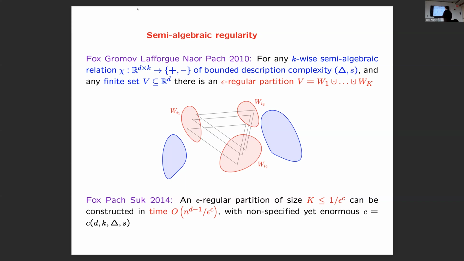What they have shown is that once you have a k-ary semi-algebraic relation of bounded description complexity, and you have a finite set of points, then with respect to this relation you have an epsilon regular partition in this very strong sense that was just stated.